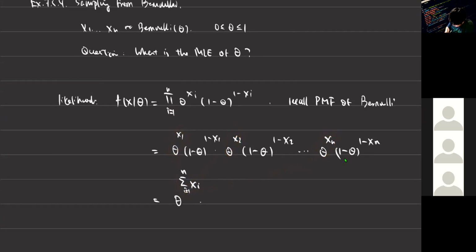I still need to write out 1 minus theta, and in this 1 minus theta, you really have all these n terms adding up together. So you have 1 minus x1 plus 1 minus x2 plus 1 minus xn. And you're going to realize that there are n ones, okay?